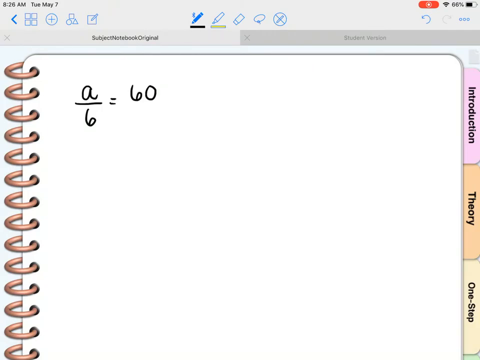We're used to seeing them written in other ways, but for algebra, you want to use this fraction form. So A divided by 6 is 60. And I want you to go ahead and think of a ghost 1 sitting there. Ghost 1s can float in, float out whenever I need to see them, but they really don't change the value of the problem at all.